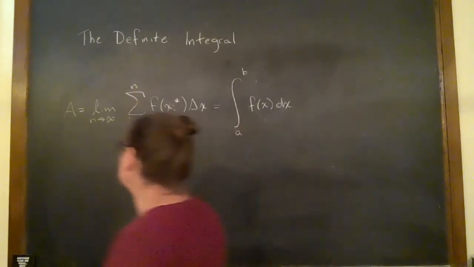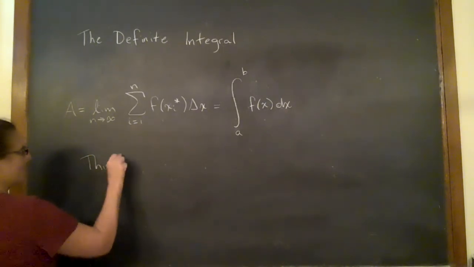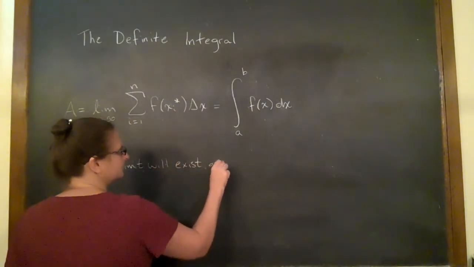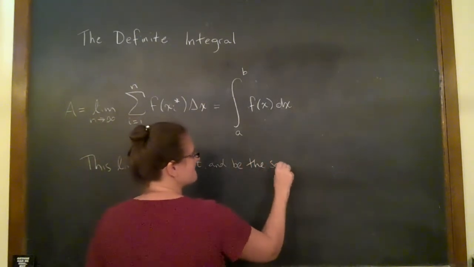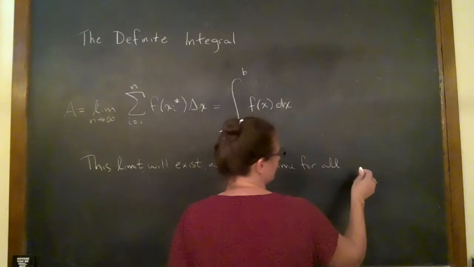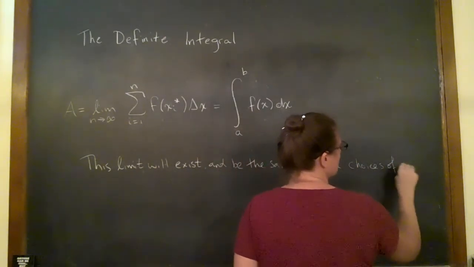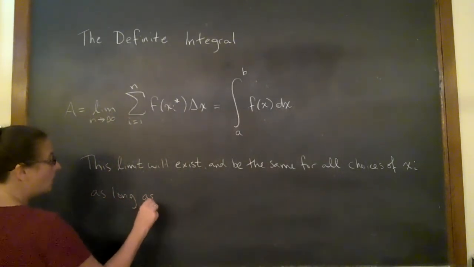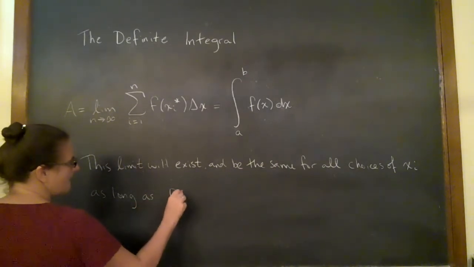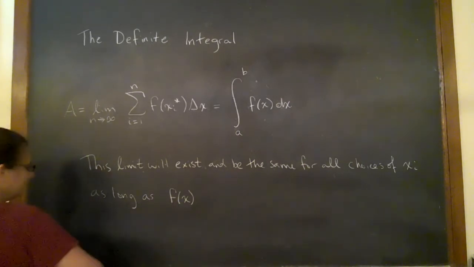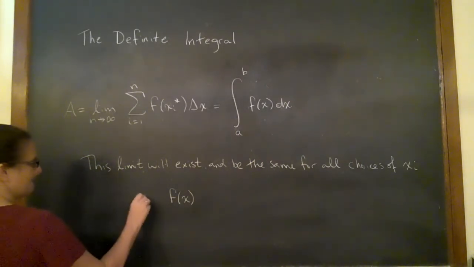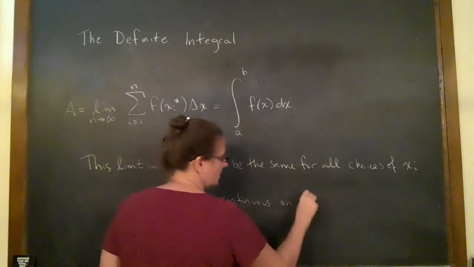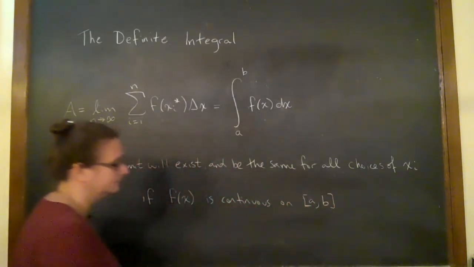So what do we really need? I'm going to say this limit will exist and be the same for all choices of xi as long as f of x, okay, we'll just say if f of x is continuous on [a, b], okay?